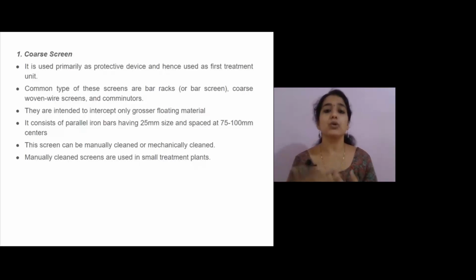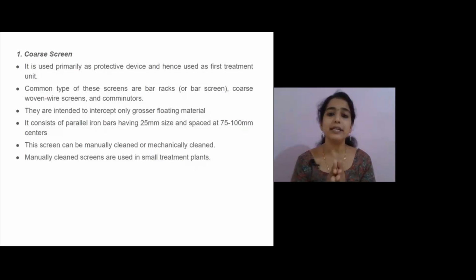Then what is a coarse screen? It is used primarily to protect a device and hence used at the first treatment unit. Common types of these screens are bar racks or bar screens, coarse wire screens, and comminutors. Comminutors we are going to learn in the next coming slides.